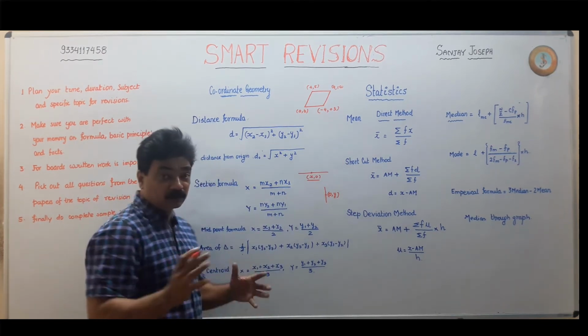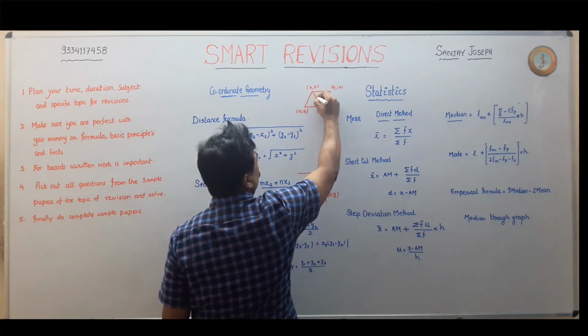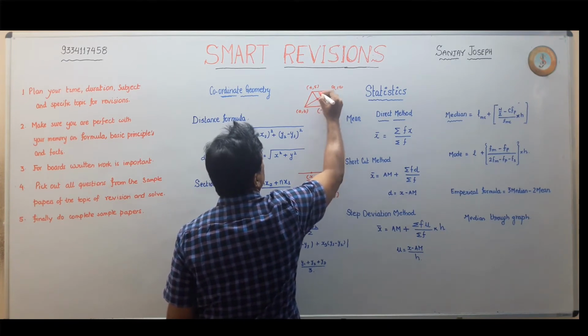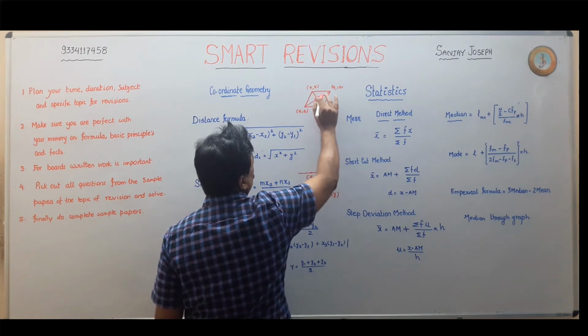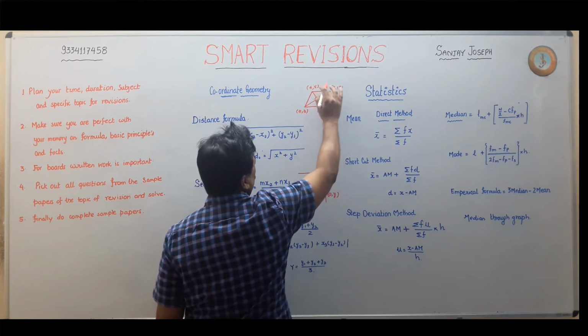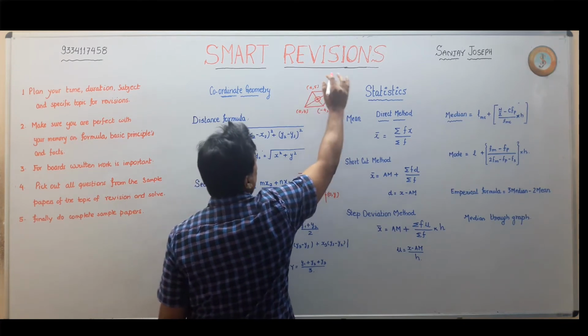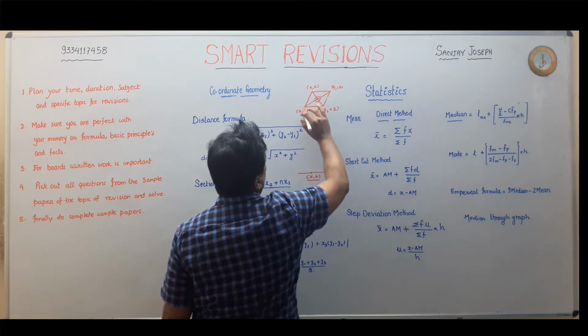This is a concept question. What you do is, you know that the diagonals of a parallelogram bisect each other. That means this is the midpoint. By taking (x1 + x2) by 2 you get this, and by taking (y1 + y2) by 2 you get this, and then by taking (a + 9) by 2 is equal to this, and (b + 10) by 2 is equal to this.